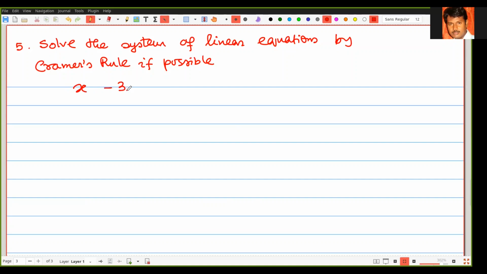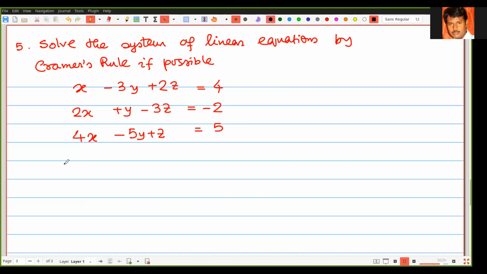x minus 3y plus 2z is equal to 4, 2x plus y minus 3z is equal to minus 2, and 4x minus 5y plus z is equal to 5.